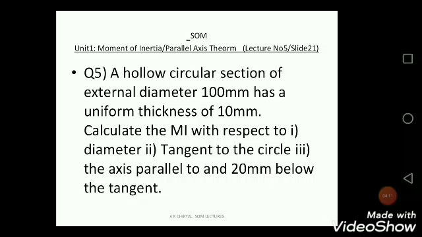Third, we have to find the moment of inertia about the axis parallel to and 20 mm below the tangent. How do you do it? You have to draw a line parallel to the tangent AB, below it, at a distance of 20 mm.